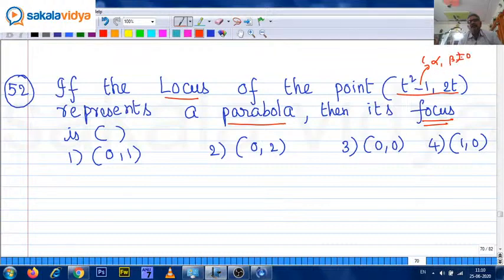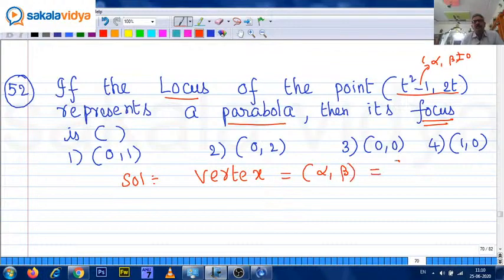Beta is 0. That means we can write like this. Vertex equals generally h comma k, or you can say alpha beta also, no problem. That is minus 1 comma 0. So now what we need to find out here? See, this equals to 2at. 2at equals to 2t. 2t cancel, a equals to 1.